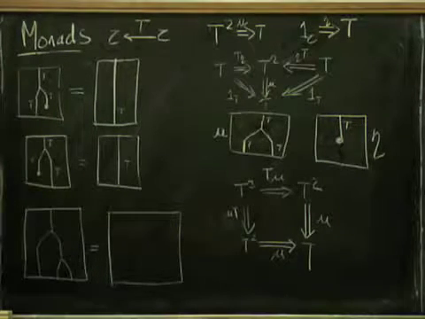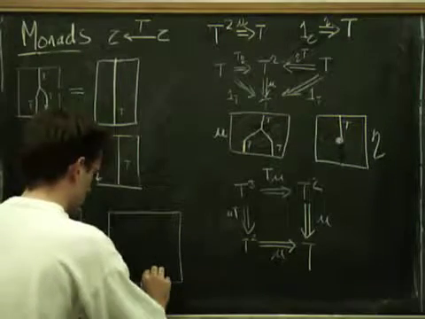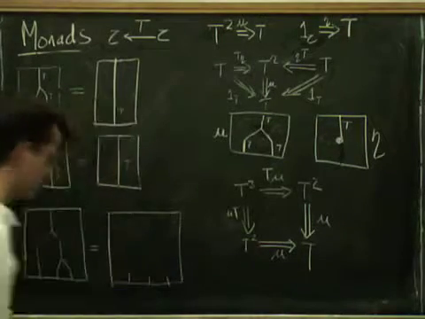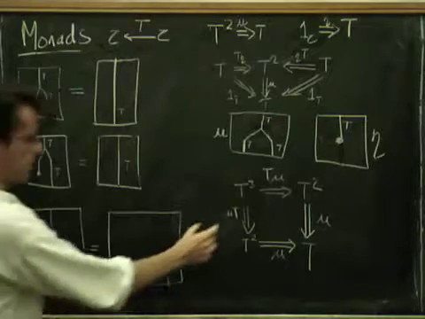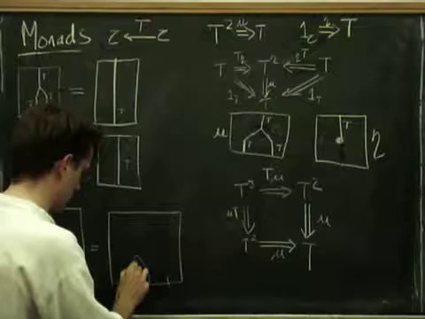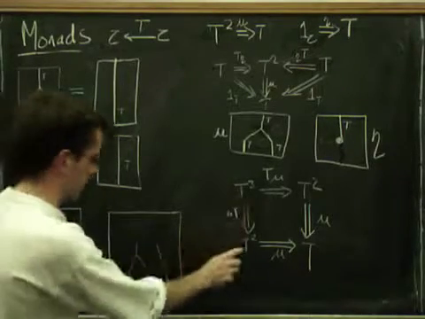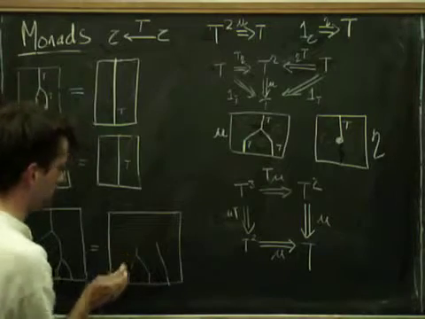Okay. And the alternative was to multiply the two things on the left first, to go to t squared. So we've got two copies of t now as we're going up.